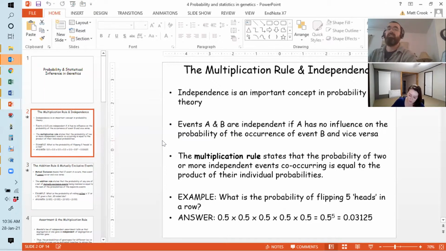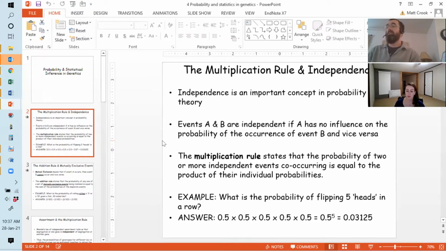So when events are independent and you have multiple events occurring, if you want to find out the probability of that string of events, for example the probability of having two girls, then you take the probability of each of those, which is a half, and then you multiply them.